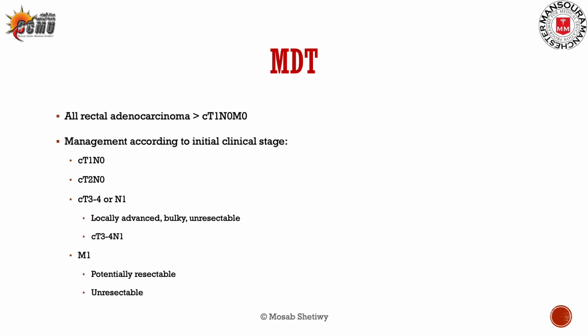All colorectal or rectal adenocarcinoma above T1, that is T2 or more, must be evaluated in an MDT setting, where the radiologist, pathologist, radiation and medical oncologists, and of course the surgeon are present, and all of them evaluate the patient with T2 or more tumors.